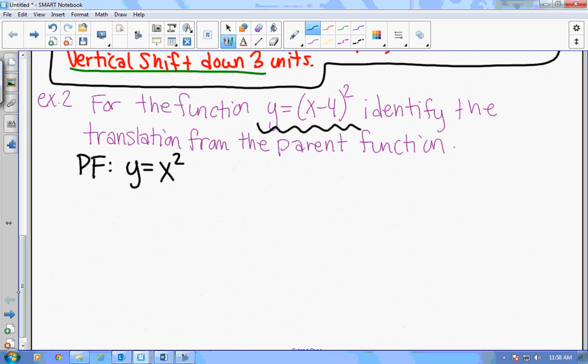Horizontal shift, but if it says minus, it's not up. Your options are right and left when you're going horizontal. But it's opposite. The negative numbers are to the left, so we go right. Horizontal shift because it's inside the grouping.